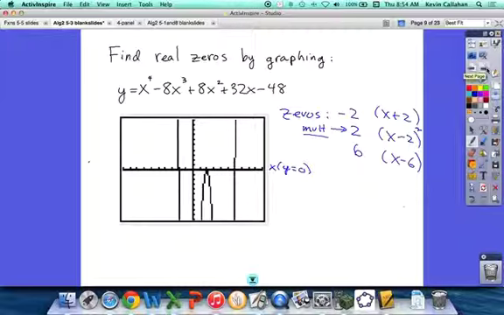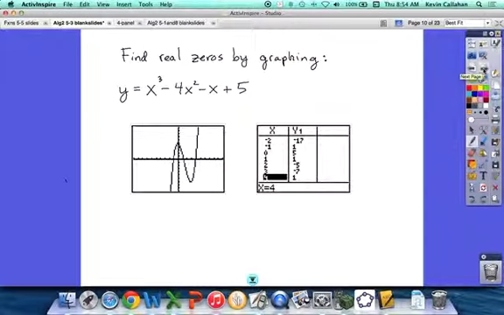Ready? Okay. All right, so this function here is a cubic. How many complex zeros should it have? It could have 3. Looking at the graph, how many of those zeros are real? Look again. 1, 2, 3, right? And the way this one looks, it looks like it's negative 1 and positive 1 and positive 4, right?